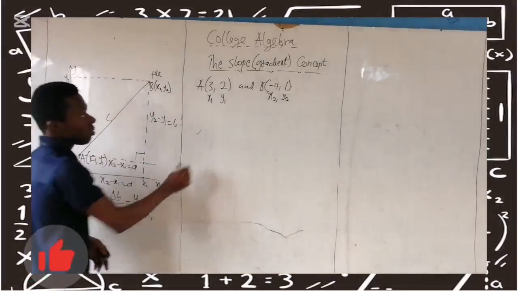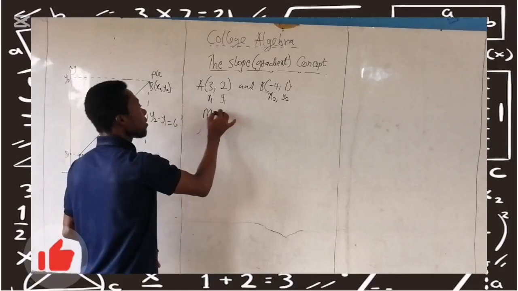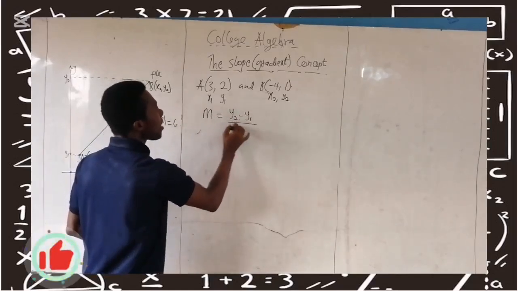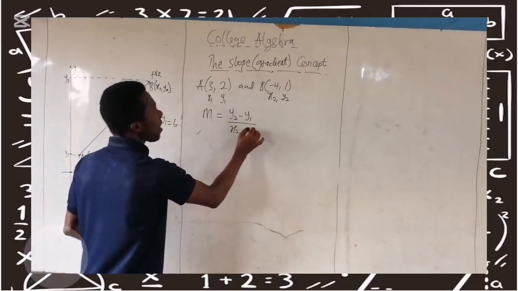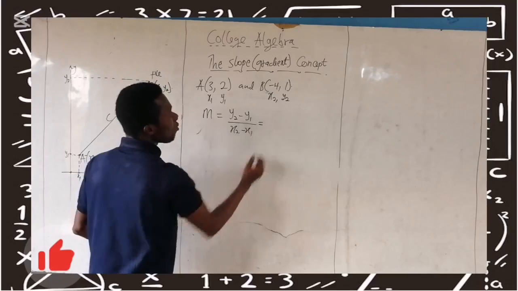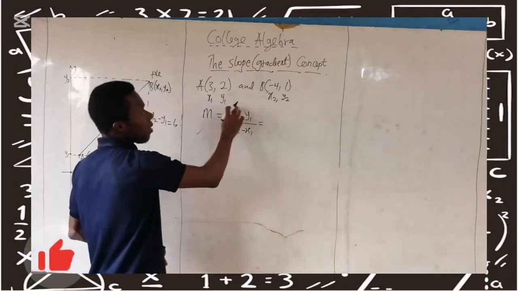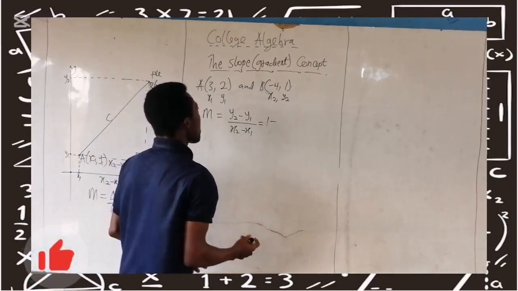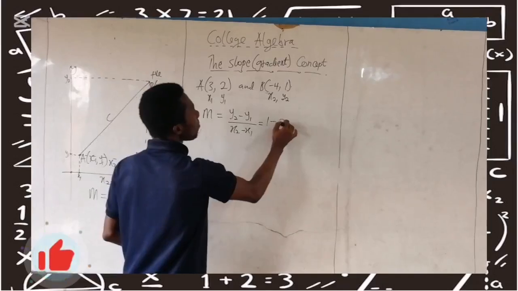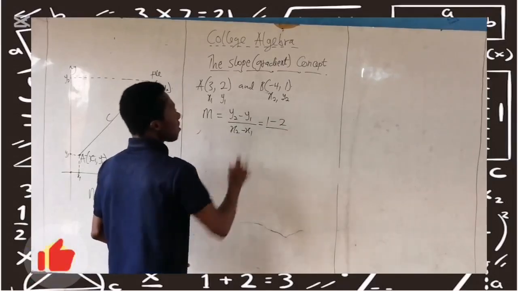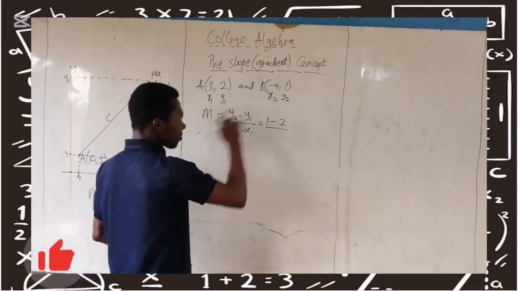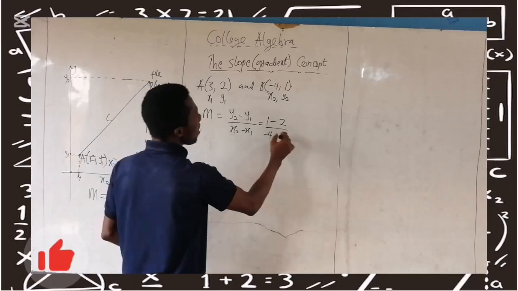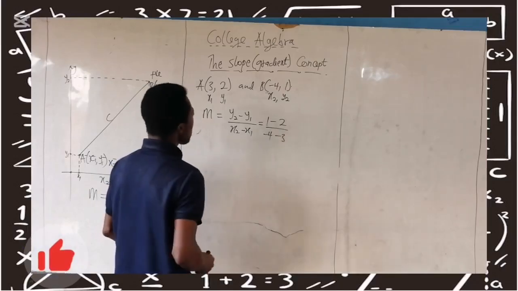So bringing in the formula that we have derived from the gradient, the change in y over change in x, we can say that m, the gradient, should be equal to y2 minus y1 over x2 minus x1. Then we proceed like that. My y2 from here is 1, minus my y1, which is 2, divided by my x2, which is negative 4, minus x1, which is negative 3.